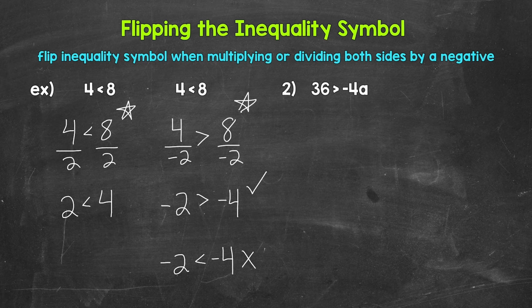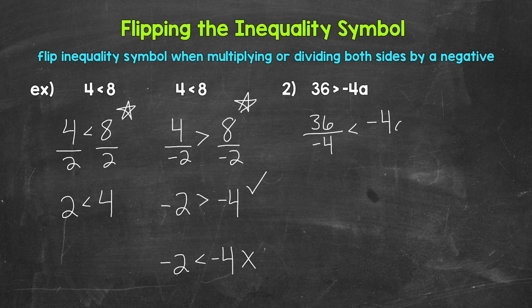Now let's apply this to number 2, the number 2 that we already solved. We have 36 is greater than negative 4a. So we need to isolate a by dividing both sides by negative 4. Let's rewrite this. We have 36 divided by negative 4, and since we are dividing both sides by a negative, the inequality symbol flips.